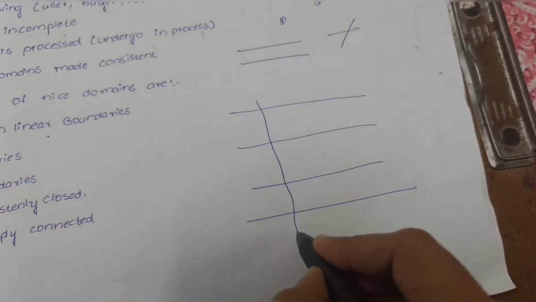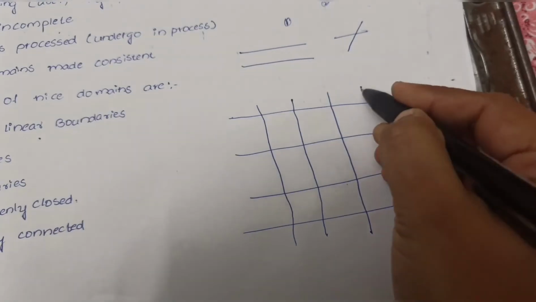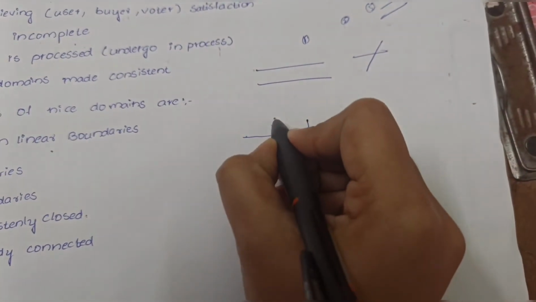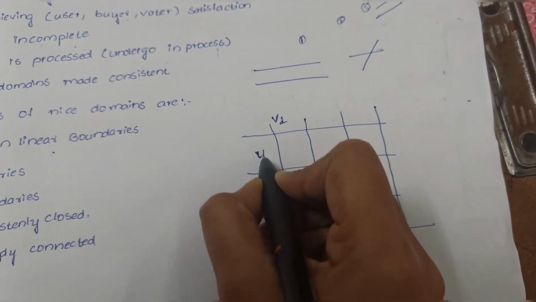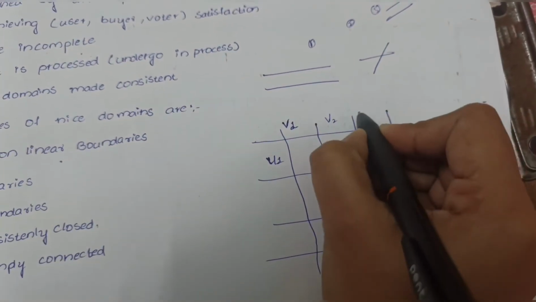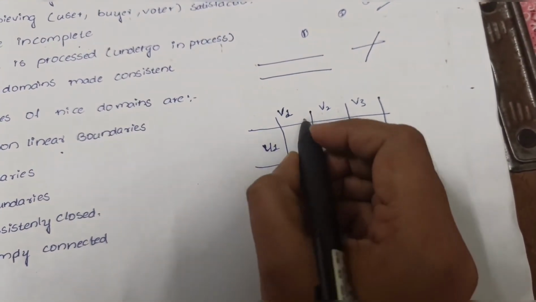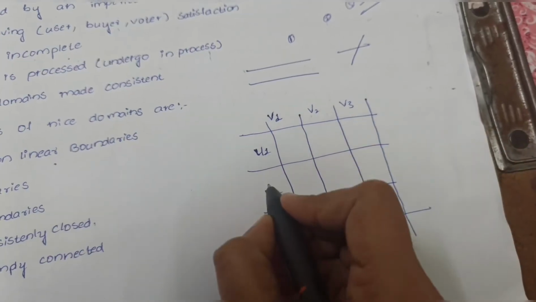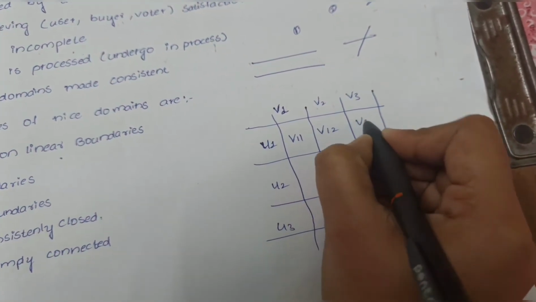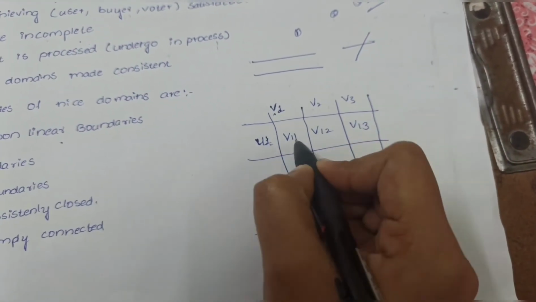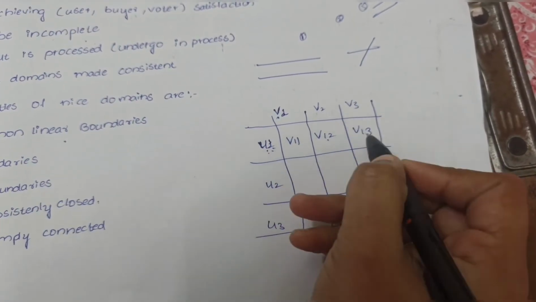this can be considered as in a plane. Here we can write like V11, V12, V13.